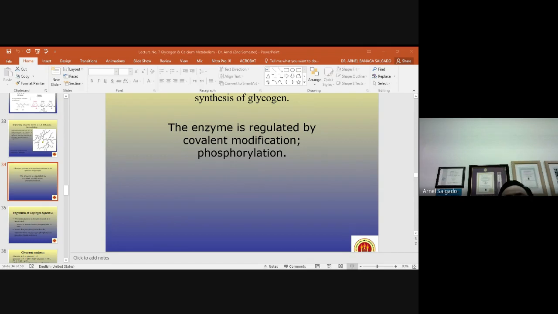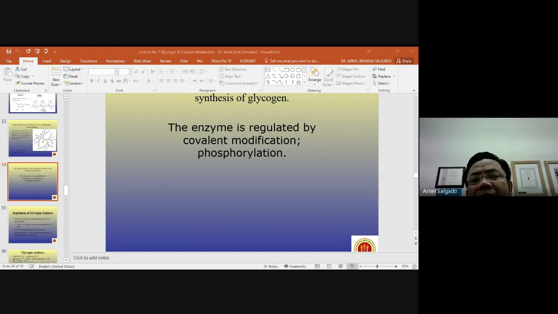Moving forward, the regulation of glycogen synthase. When the enzyme is added with phosphate, or what we call phosphorylated, it is inactivated. It does not work anymore. It will be going to a relaxed state. The active A form becomes the inactive phosphorylated B; it changes from active to inactive, that is from A to B. Always take note, when we talk about enzymes, particularly in glycogen, A is active and B is inactive, right?